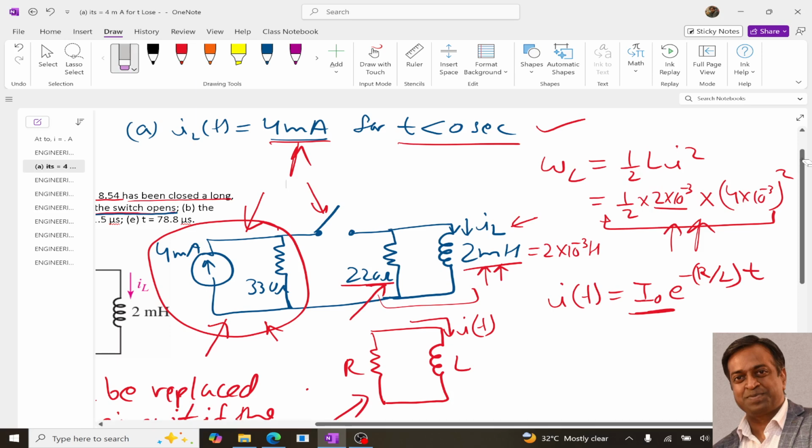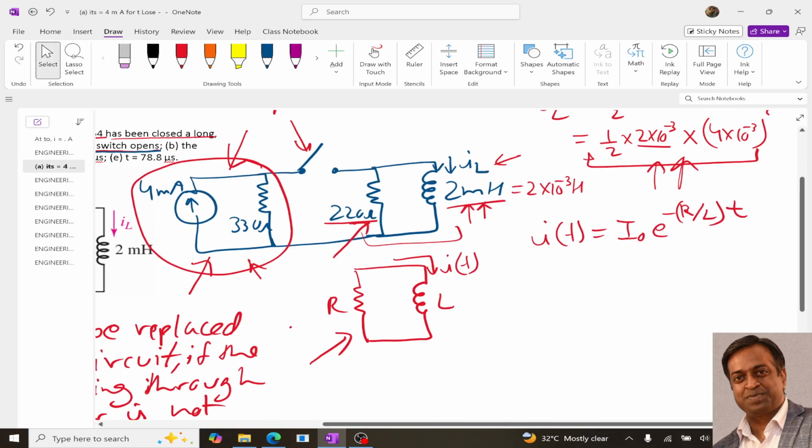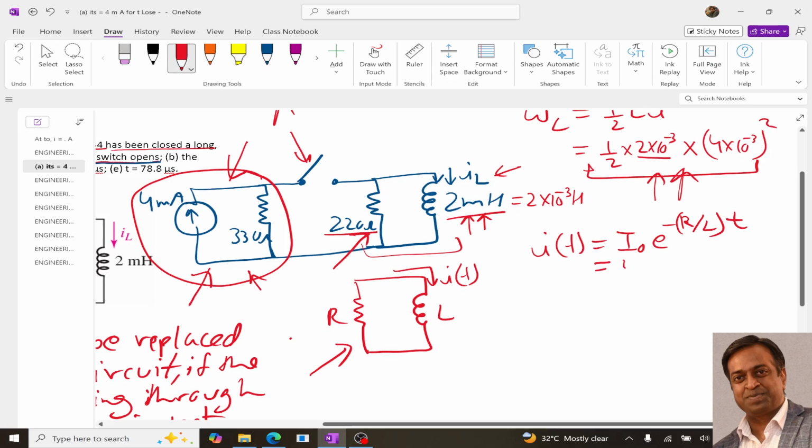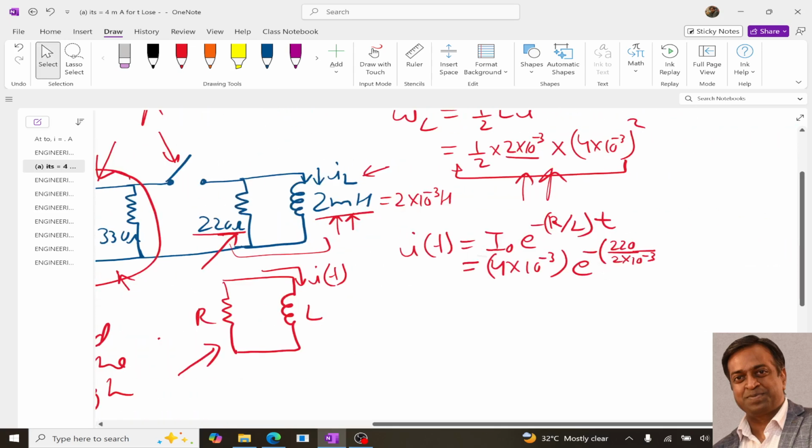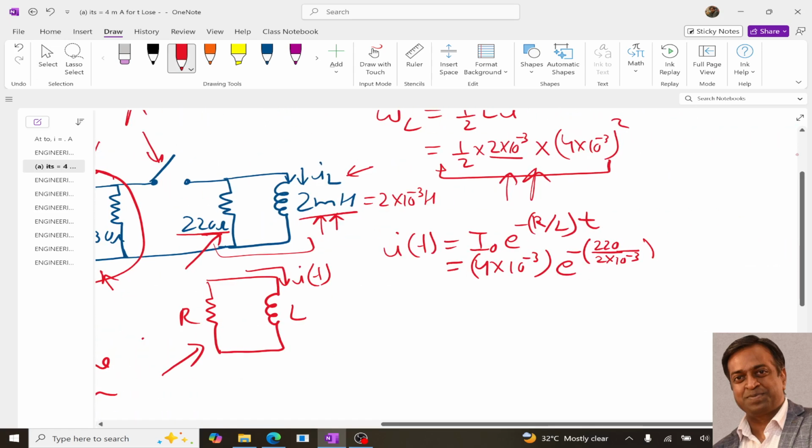So substituting all these values, we will get I equals 4 into 10 power minus 3, e power minus R, which is 220, L which is 2 into 10 power minus 3, into t, right?